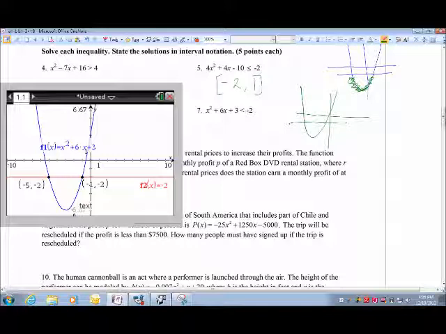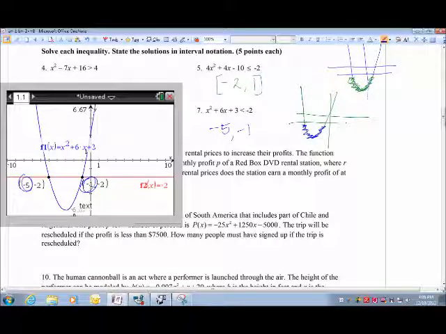Okay, and this time we're interested in a less than, so we are going to be looking below the horizontal line, which is a smiley face. Okay, and so we're going to have one thing all together. There's no union sign here. It's going to be from negative 5 to negative 1. Remember, we're looking at our x values.